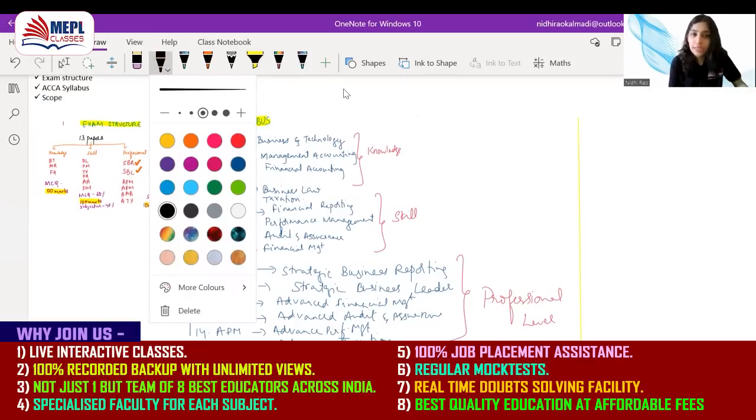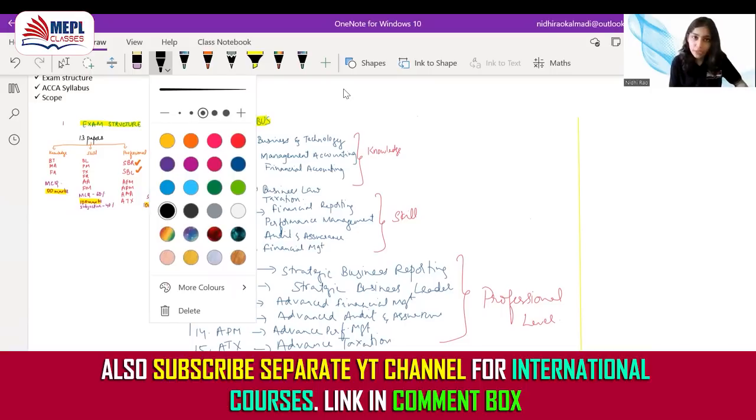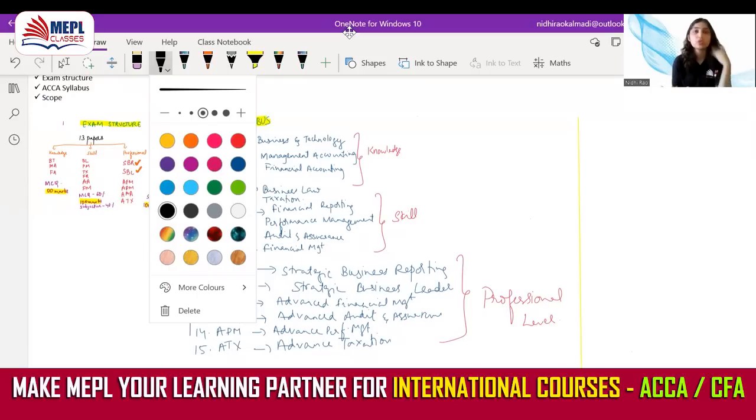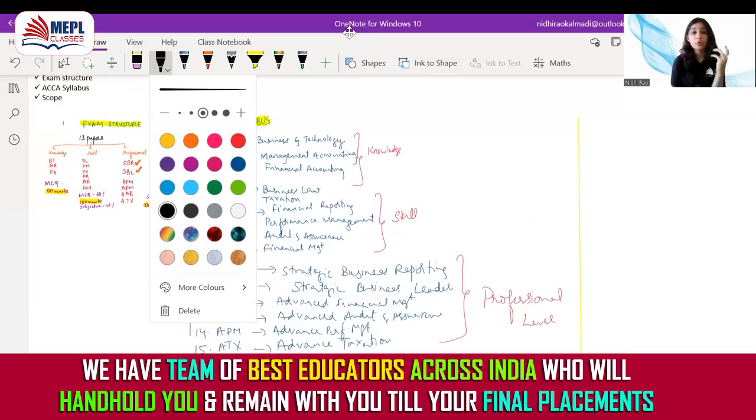As mentioned earlier, ACCA is a global qualification, so its applicability is relevant in most countries. Almost 108 countries recognize ACCA. I'm going to discuss the scope of ACCA in two categories: the scope of ACCA in India and the scope in other countries.